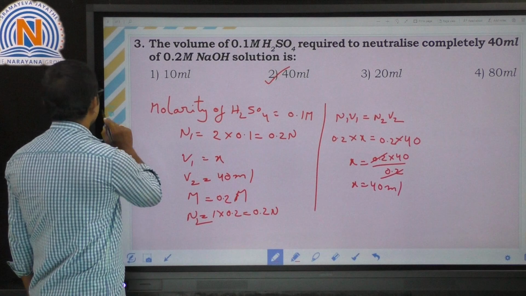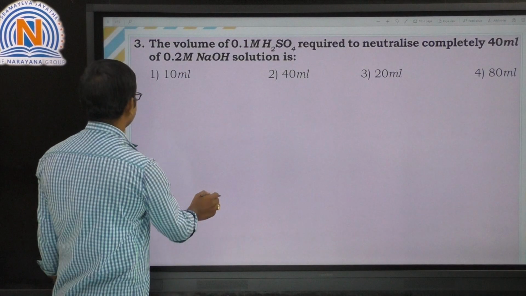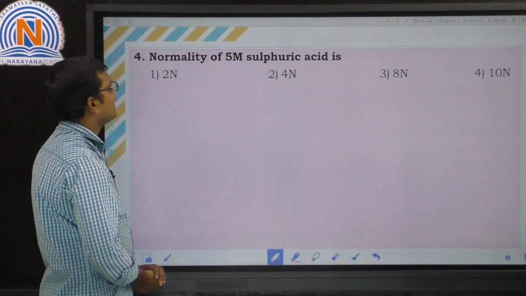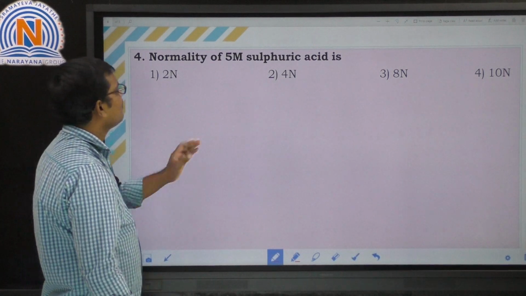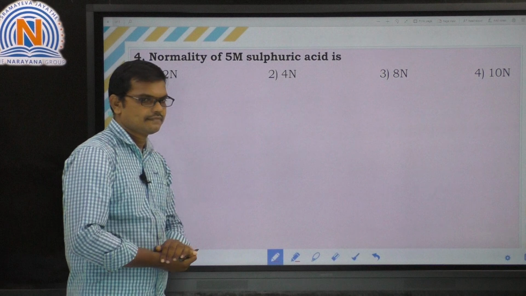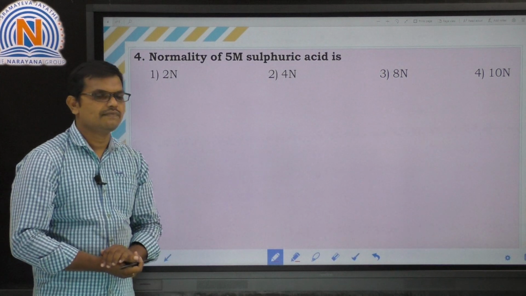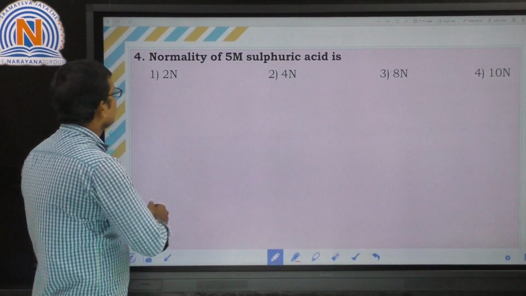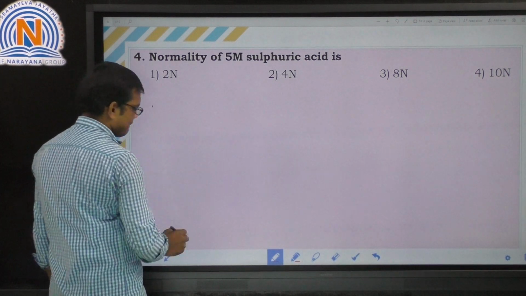Next, fourth question. The normality of 5 molar sulfuric acid is. See, here molarity is given.